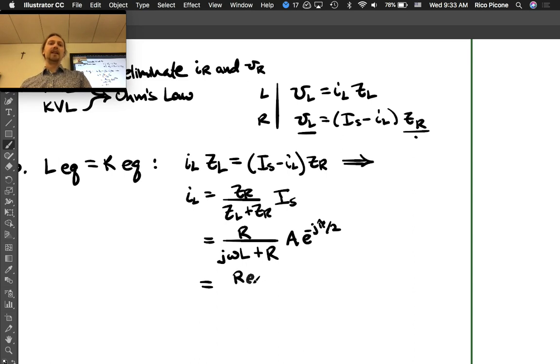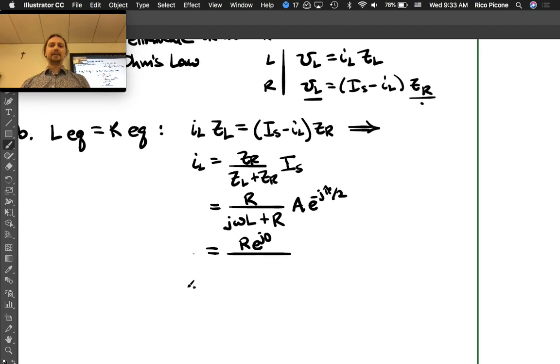It's r e to the j what? Well, 0. I'm not going to combine it with this, so I'm just going to leave r. So r e to the j 0. There's no phase for r. But divided by, now I need to write this as a phasor.